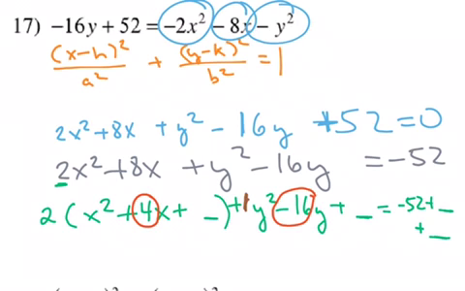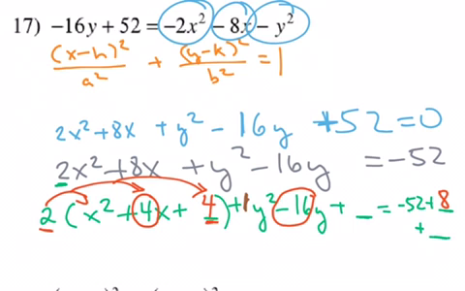That's 2. 2 squared is 4. What you have to realize is that you are not just adding 4. You are adding 2 times 4. So I have to put in 8 here. Because if you distribute this out, it will become 8 and not 4. And so what you're technically doing is adding 8 to the left side. So to balance the equation, you have to add 8 to the right.